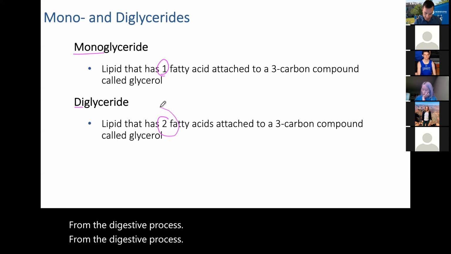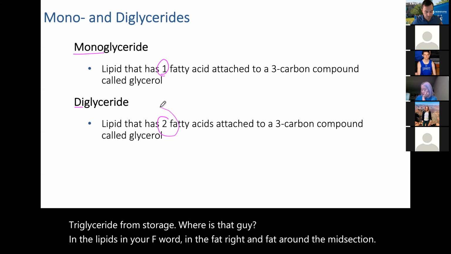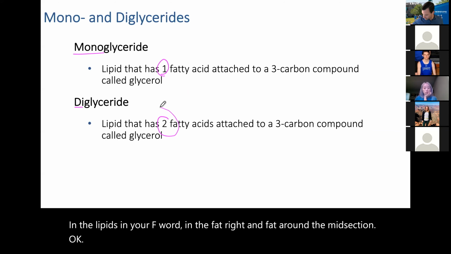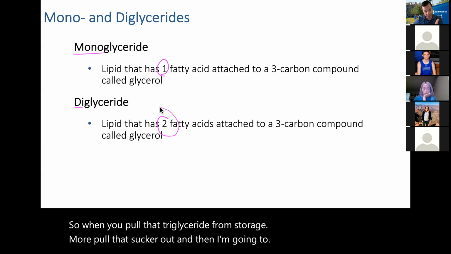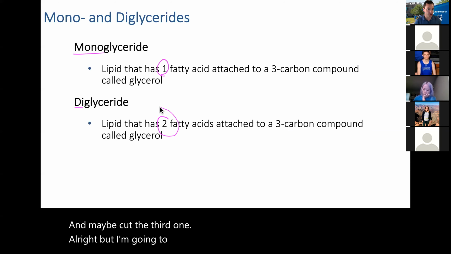When we pull that triglyceride from storage, where's that guy? In the lipids, in the fat, right? And the fat around the midsection. So when you pull that triglyceride from storage, I'm going to remove those fatty acids. And so a triglyceride can become a diglyceride.